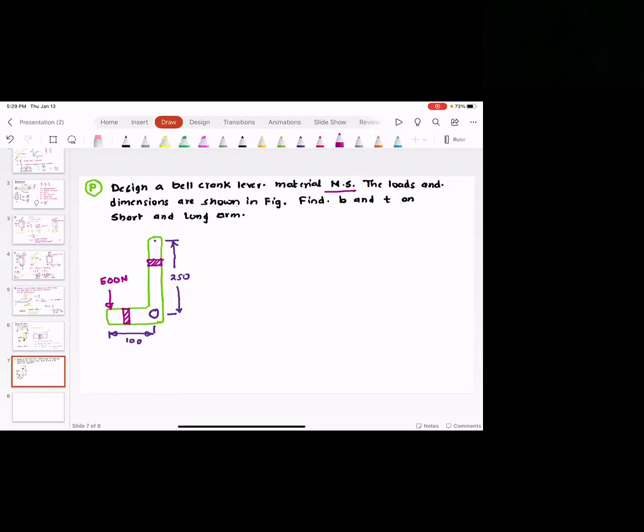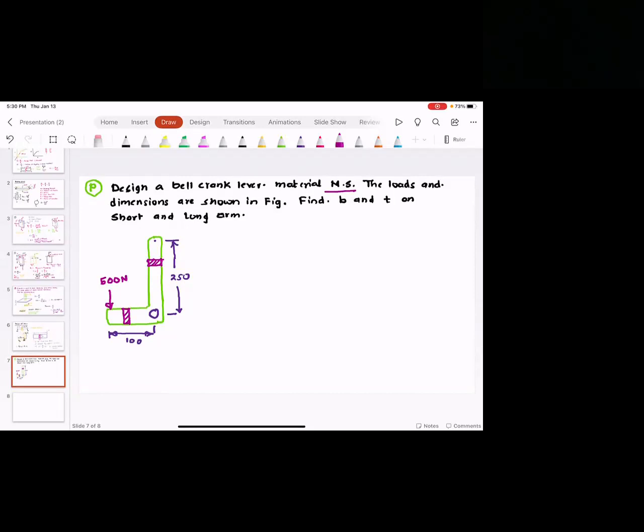Now, if you have the textbook that we are using for this class, if you go on to the appendix, they have given you the stresses for different materials. But usually the steel would go to the yield stress of about 300 to 350.